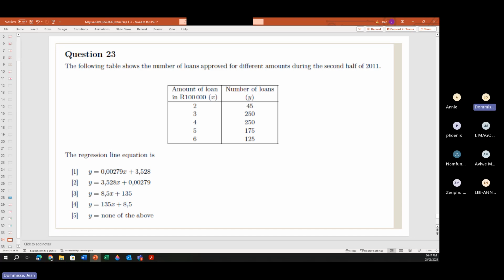So this question I will do on Excel, and I will send it to the WhatsApp group as well, so that you can just use my Excel, and when you need to substitute some of the things, you can just substitute the numbers.